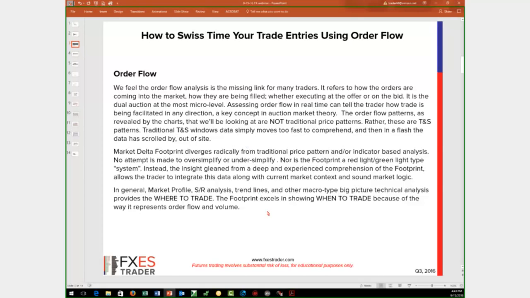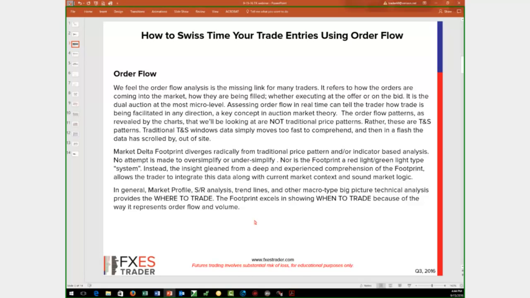But one thing that is important with this type of order flow analysis is that it diverges radically from traditional price patterns. We're not trying to show any sort of bell ringing at the top or the bottom, but what we want to accomplish is to incorporate all of these types of tools as far as technical analysis.